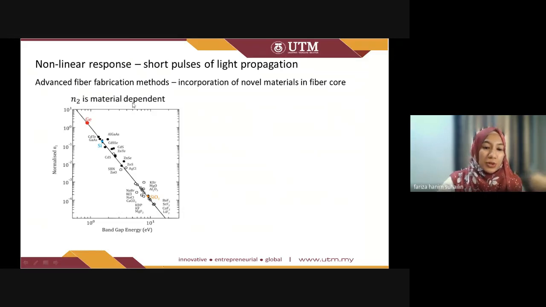So this is a figure that tells us the magnitude of the nonlinear refractive index in different materials. At the highest value, we have germanium and also silicon, and at the lowest, we have silica. So if we want to probe high nonlinearity from optical fibers, we can use these highly nonlinear semiconductor materials.